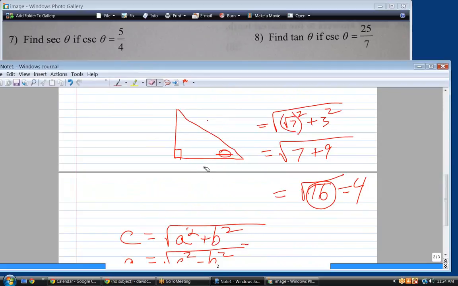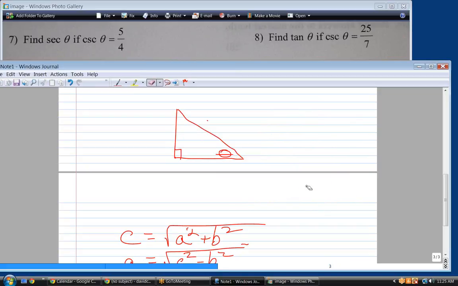In other words, I don't have to make this triangle be even close to the dimensions. I don't have to redraw it every time. I don't care whether it looks proper or not. All I care about is what its 3 dimensions are. So if the cosecant of theta is 5 over 4, which sides are that?